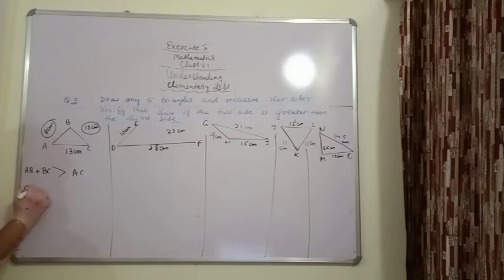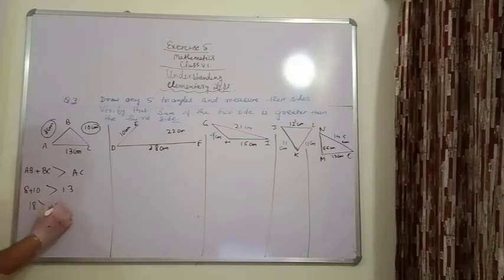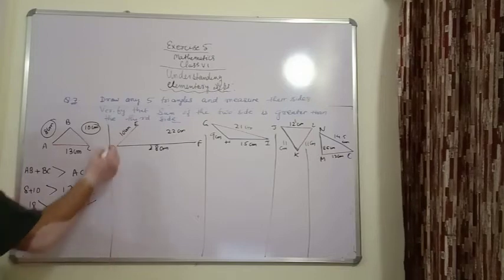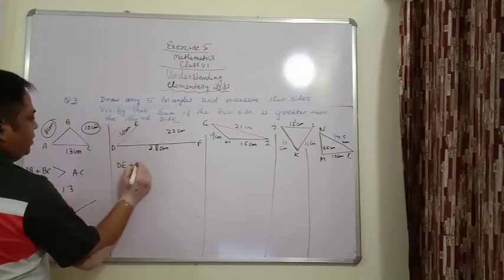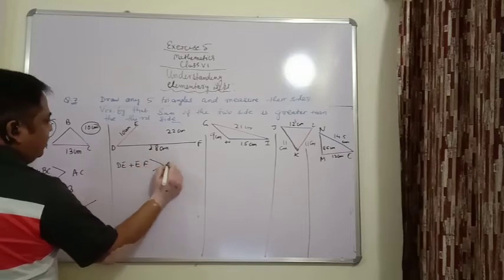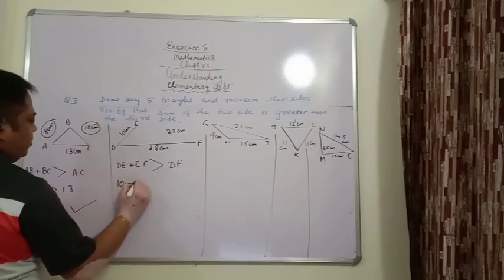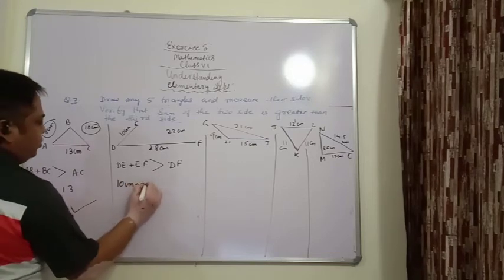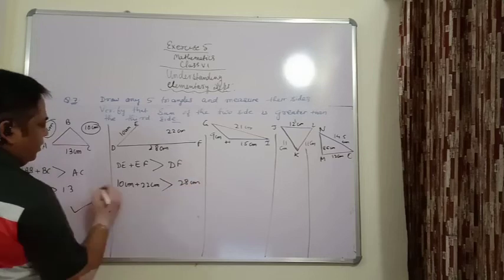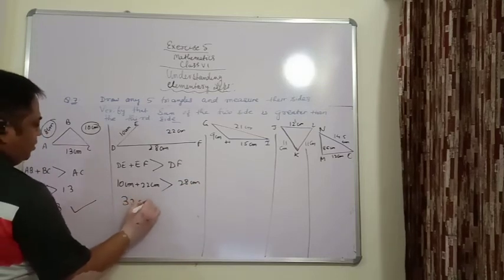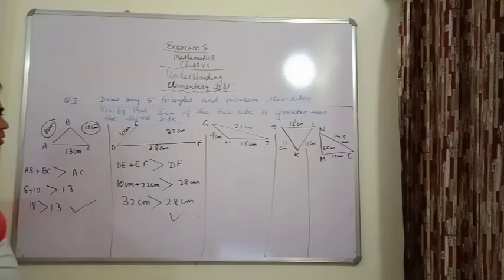See, 8 plus 10 is greater than 13. That means 18 is greater than 13. Verified. See this one, DE plus EF is greater than DF. So 10 centimeter plus 22 centimeter will be greater than 28 centimeter. Let us see, this is 32 centimeter. Yes, it is greater than 28 centimeter. Verified.